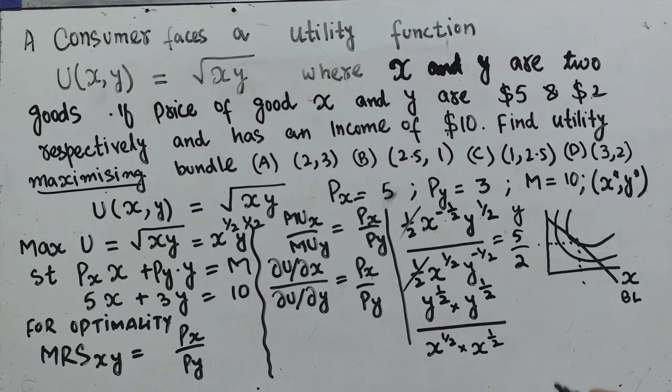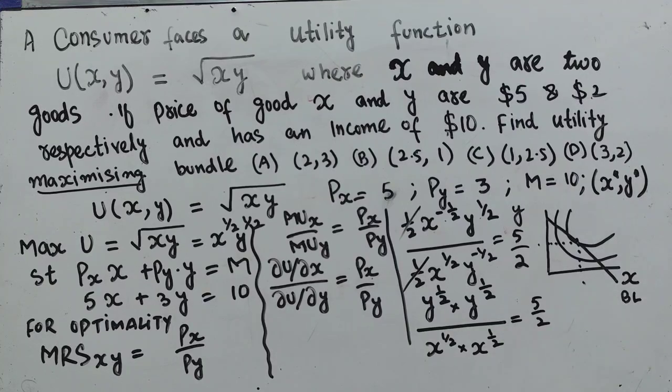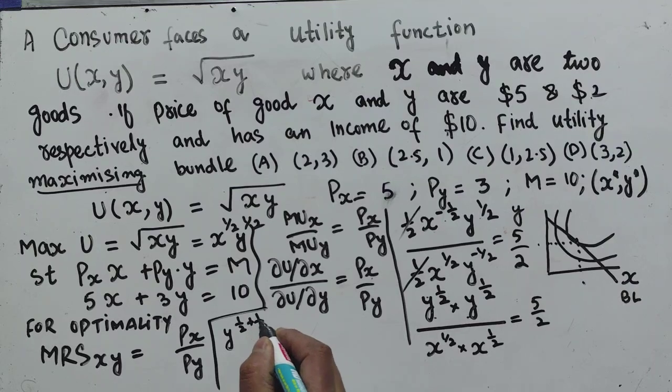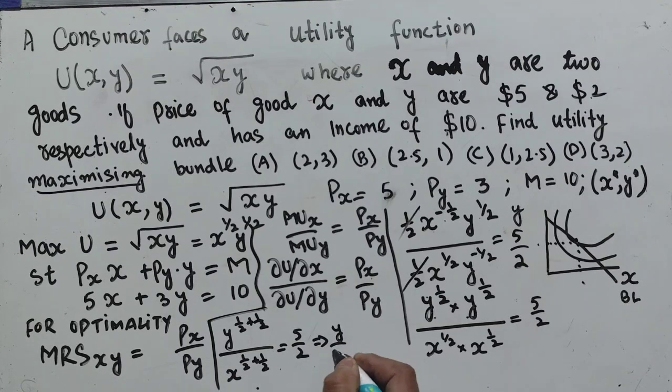Basic algebra, which should be equal to 5 upon 3. Here the bases are the same, so we can add the exponents, which means we get y raised to the power 1 upon 2 plus 1 upon 2 in the numerator, and in the denominator x raised to the power 1 upon 2 plus 1 upon 2, equal to 5 upon 3. So 1 upon 2 plus 1 upon 2 is 1, which implies y upon x is equal to 5 upon 3.